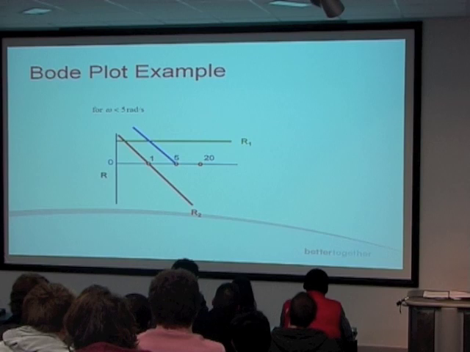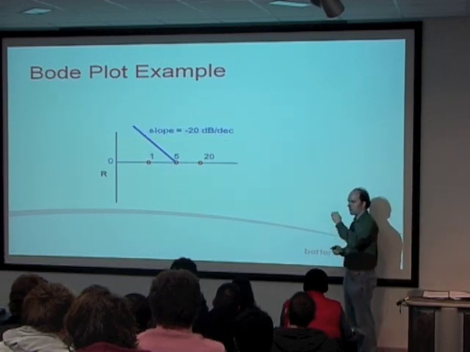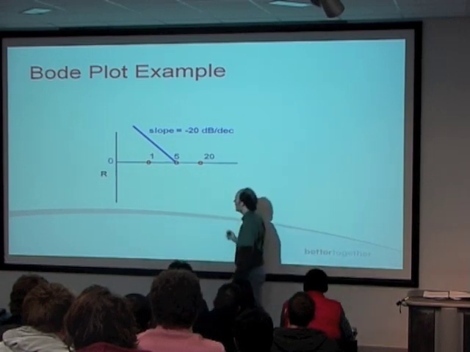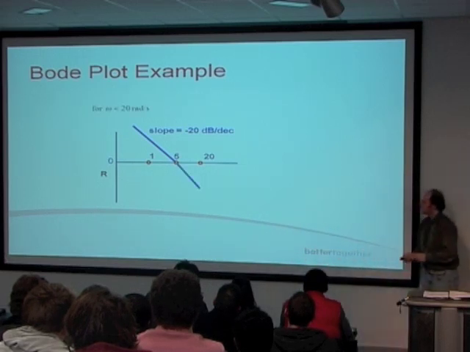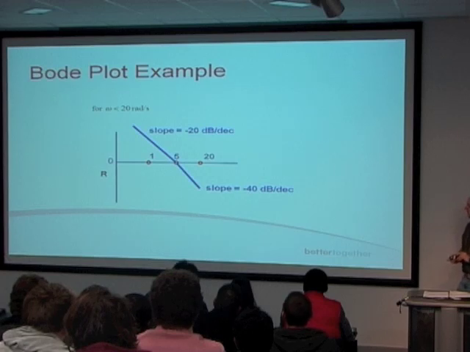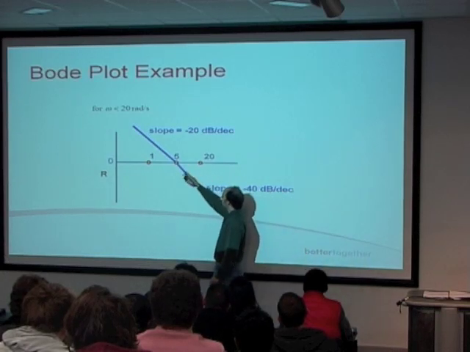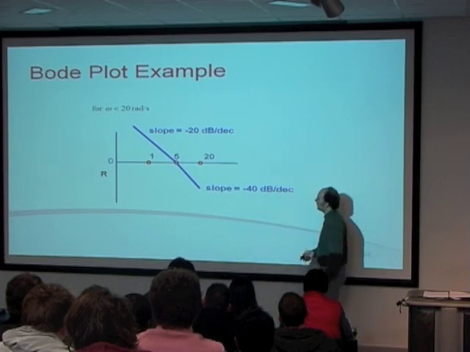We then add R3, which is minus 20 dB per decade. R3 we know came along at 0, and then at 5 radians per second was at minus 20 dB per decade. Well, minus 20 plus minus 20 is minus 40. And so you end up with minus 40 dB per decade up to 20 radians per second, because obviously R4 happened at 20 radians per second.